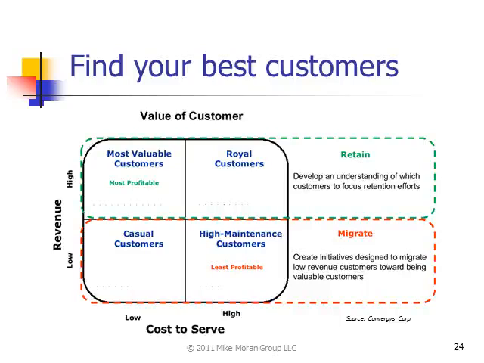Well, if you've got customers that are low cost to serve, but also low revenue, we'll call them casual customers. Those casual customers are not terribly important, but they're okay. They're not costing you a whole lot, and they bring you some revenue, so they're decent customers.